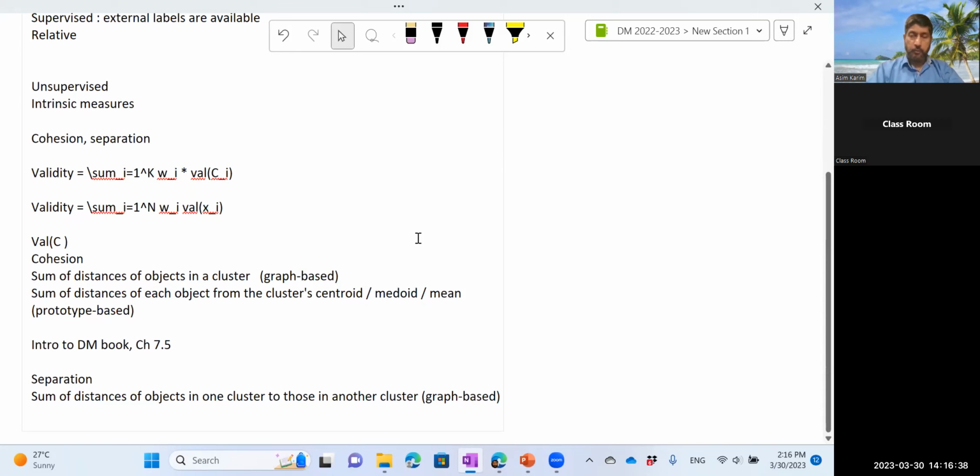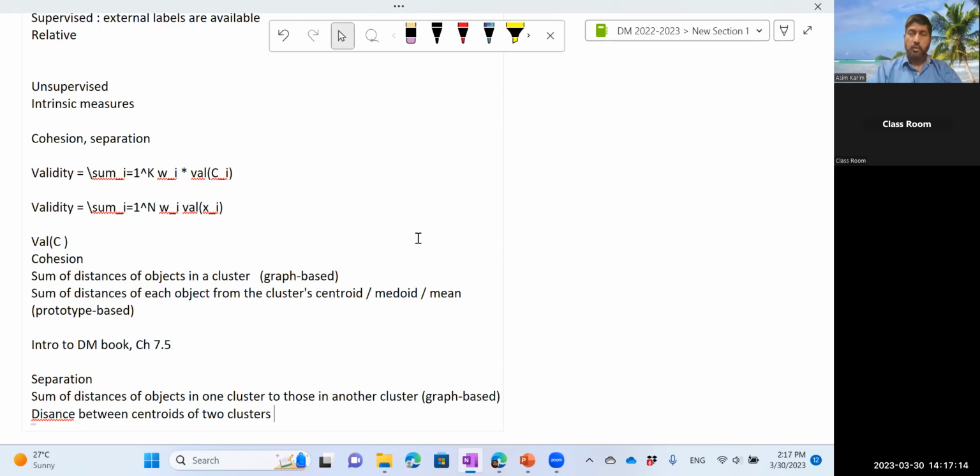So if you have a prototype based notion of clustering, then it will simply be the difference, or distance, between the centroids of two clusters. You have two clusters, and the distance between their centroids is taken.